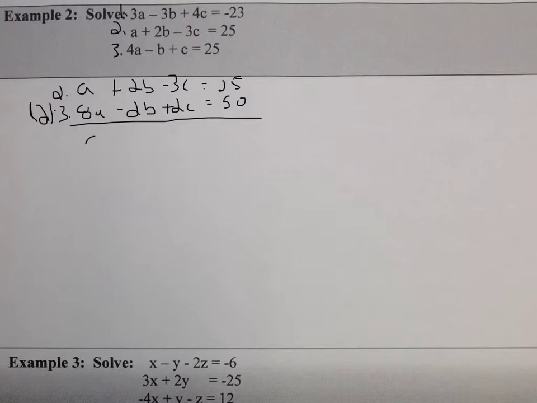So I'll have 9a, my b's will cancel out, and I will have a minus c equals 75. All right, we're going to use this equation later, so instead of labeling it 1, 2, or 3, I'm going to label it star or asterisk, whatever you want to call it. Equation star.